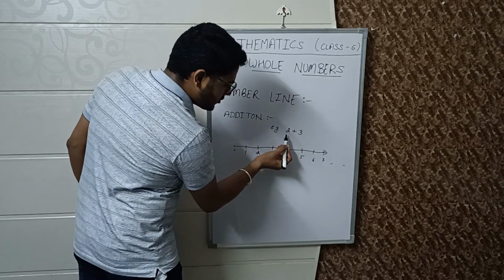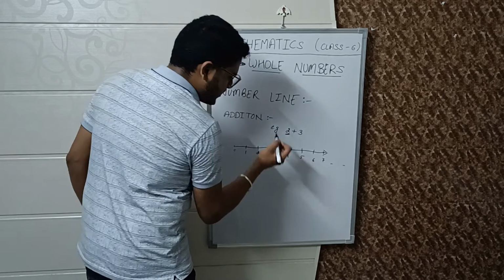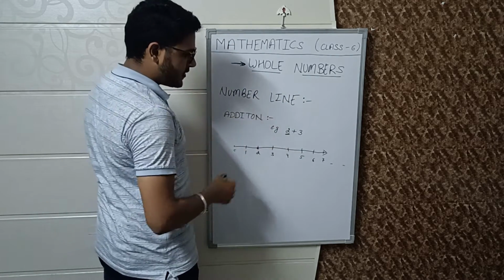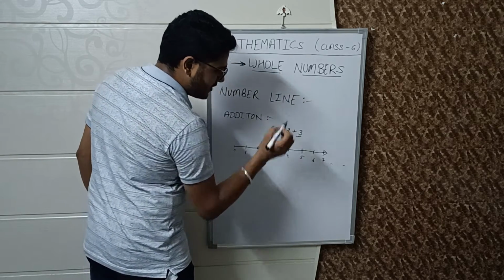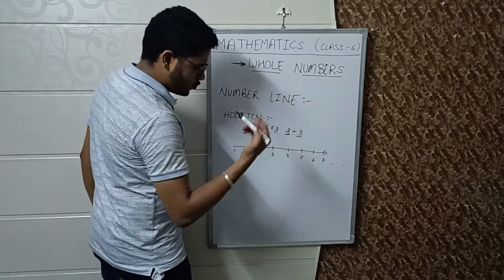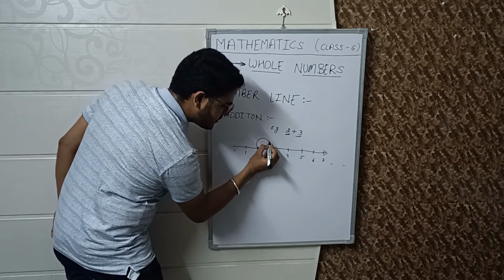So what we want to do is 2 plus 3. First we will talk about 2, right? We mark a point at 2, okay? And what we want to add with 2? 3. So we want to add 3 with 2. So what we will do? We will do 3 jumps.